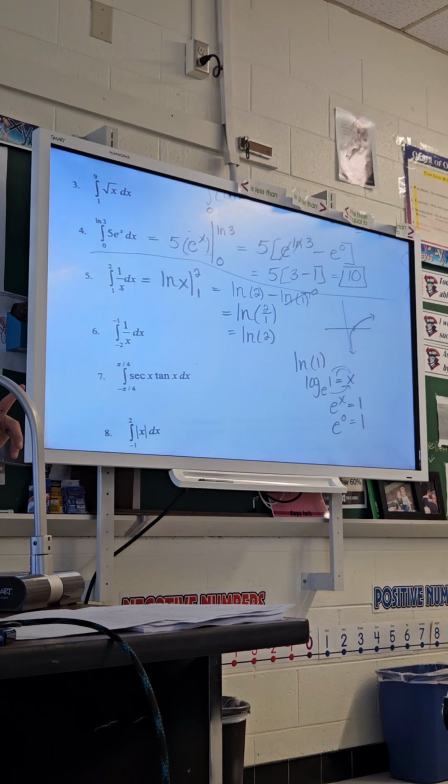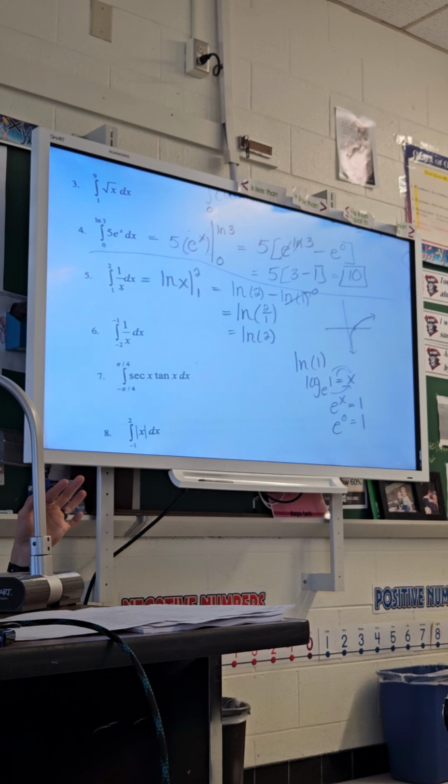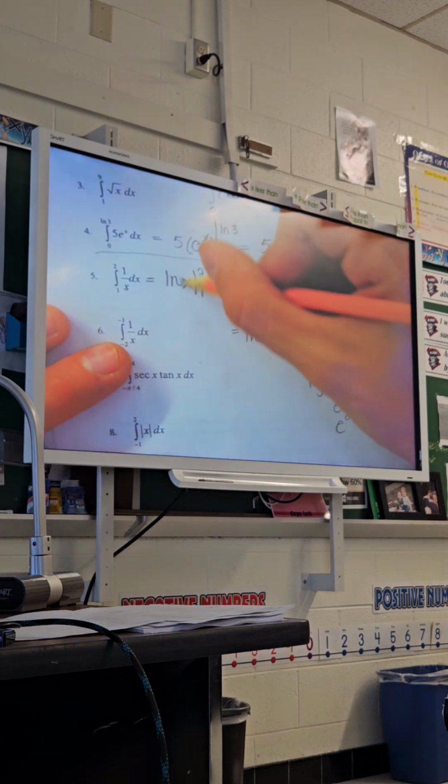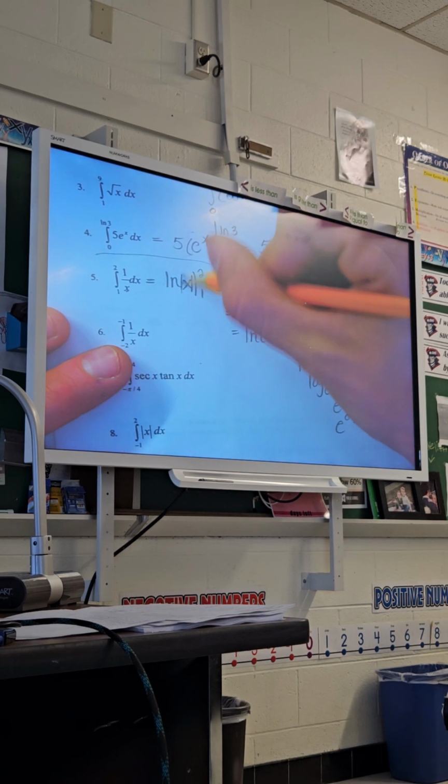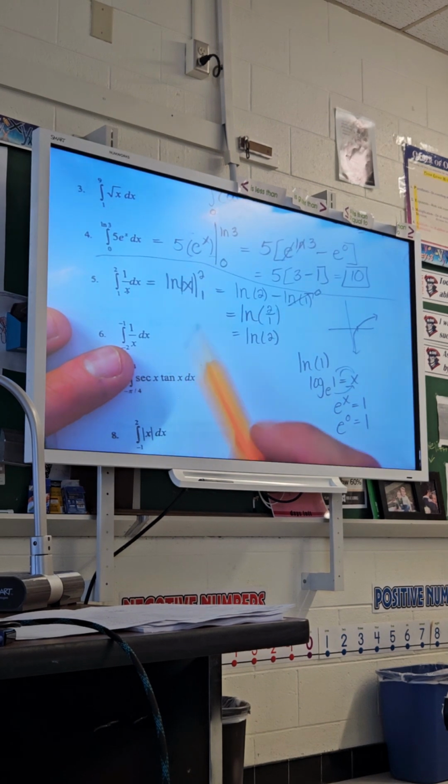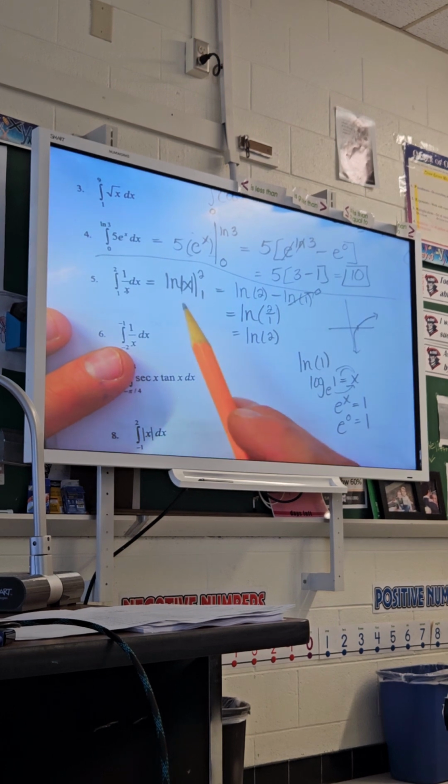I forgot something, very slight. Right here, maybe I'm wrong about definite integrals. Maybe Ms. Sprouse will have to step in. But I was told that I'm supposed to use absolute value. I think the actual formula is for the indefinite integral.